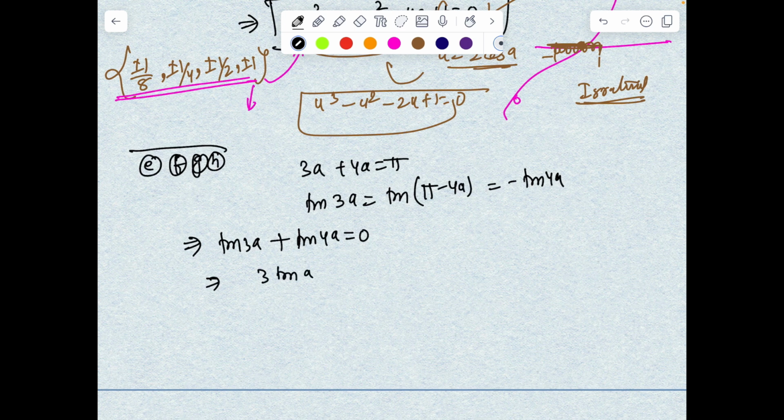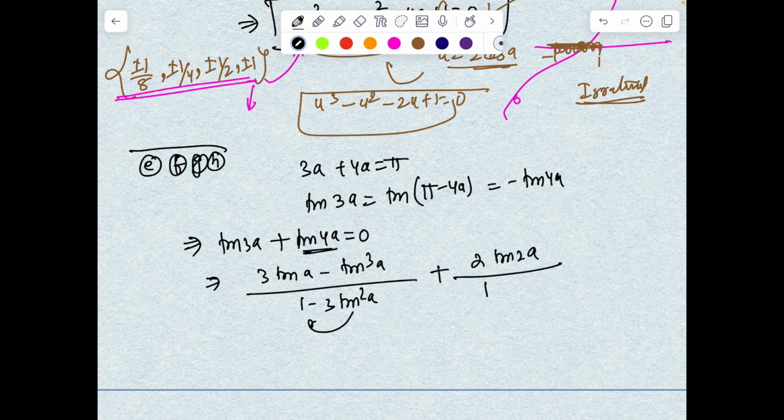So (3 tan theta minus tan cube theta) by (1 minus 3 tan square theta). Remember tan square is not 1 by 3 because tan theta is not 1 by root 3. Now this we can again write as 2 tan theta by 1 minus tan square 2a equals 0. Tan 2a again we can decode as 2 tan a by 1 minus tan square a, that we can put here.